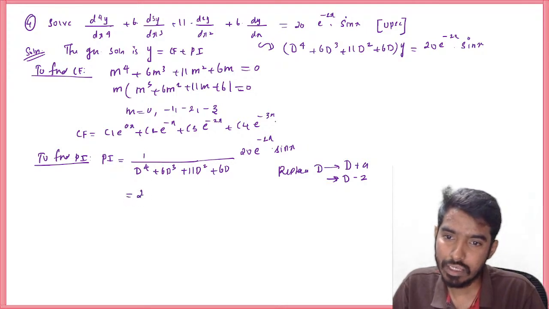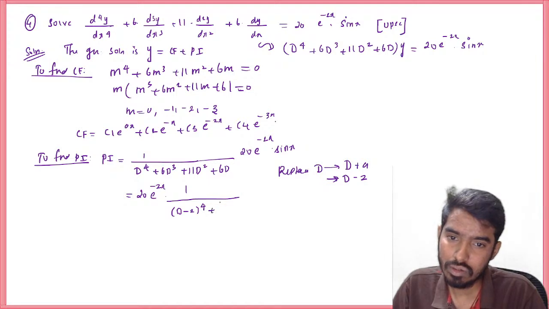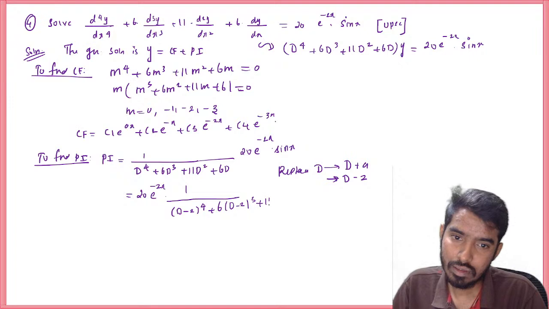So this 20, you can take this outside. E power minus 2x work is done now. So we will have D minus 2 whole power 4, 6 times D minus 2 whole cube, 11 times D minus 2 whole square, plus 6D, D minus 2.